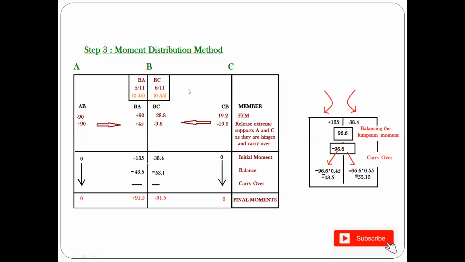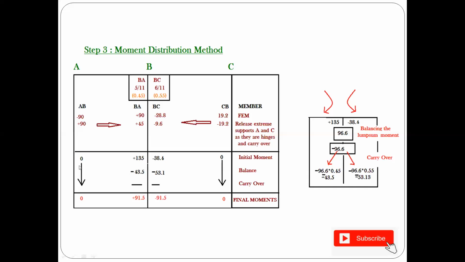That means if you are giving plus 90, you have to transfer half to your adjacent member BA as 45. And if you are giving minus 19.2 to CB, you should give half the value to member BC, that is minus 9.6. Now you add all the values: you have 0 for AB, 135 for BA, minus 38.4 for BC, and in your joint CB, you're getting 0.